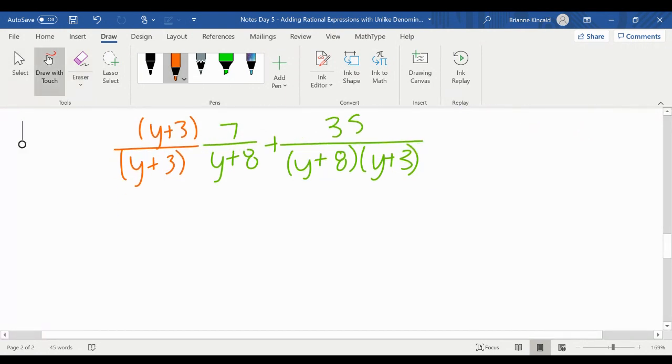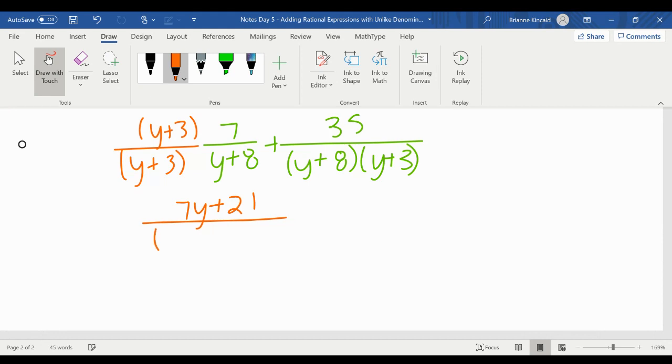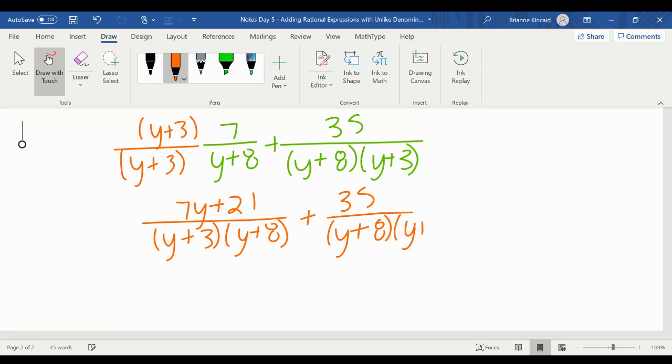So in the fraction on the left, that's going to give me 7y plus 21. I'm going to keep the denominator factored because I know I'm going to factor it eventually, so why waste the time foiling it out? Now that I have common denominators, I can go ahead and add.